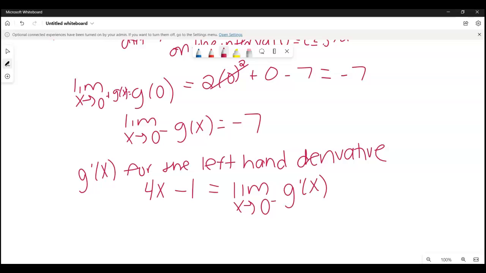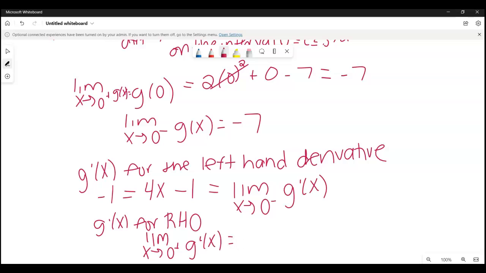In this case, it's -1, and then g prime of x for the right-hand derivative would be the limit as x approaches 0 from the right of g prime of x, which is going to equal 4x plus 1, which equals 1.